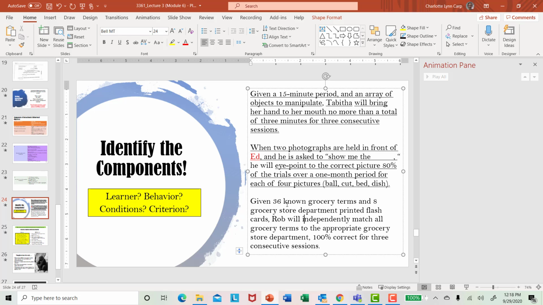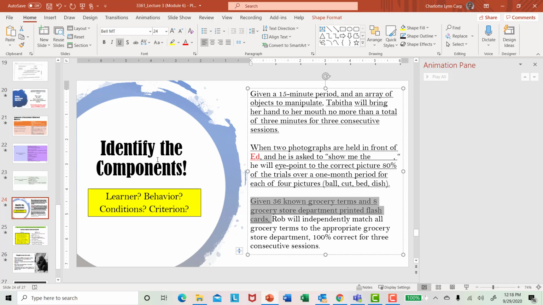But given 36 known grocery terms and 8 grocery store department printed flashcards, Rob will independently match all grocery items to the appropriate grocery store department, 100% correct for 3 consecutive sessions.